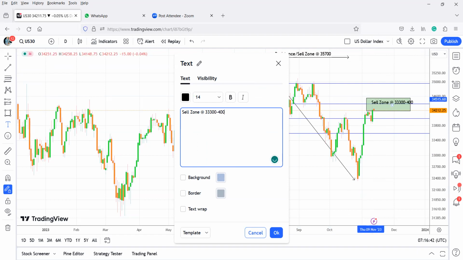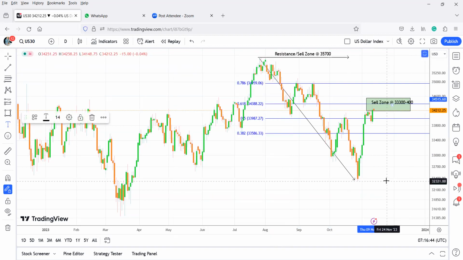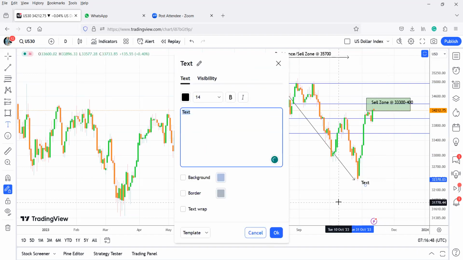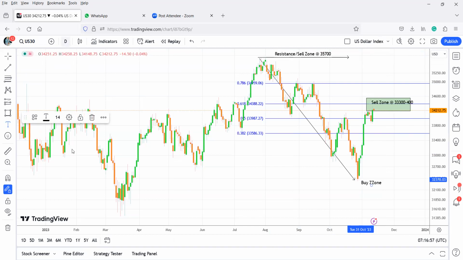This is your sell zone. And all the way below 32,000 is the buy zone. This is a daily chart. Now let's go on a 4 hour chart and then hourly.